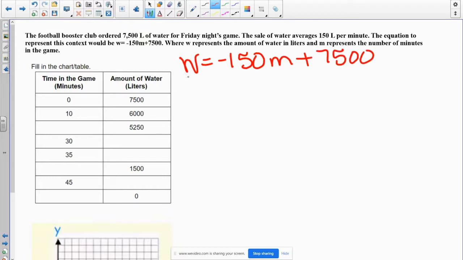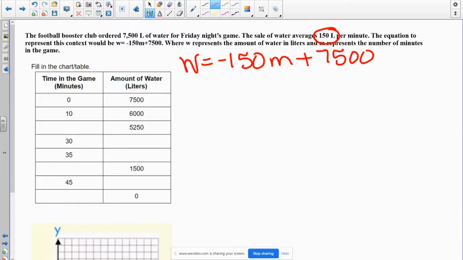So W again represents how much water they have left. Now, reminder, they started with 7,500. So W represents how much water is still available for people to buy. The negative 150, well, 150 came from here. Remember, the sales of water averages 150 liters per minute.